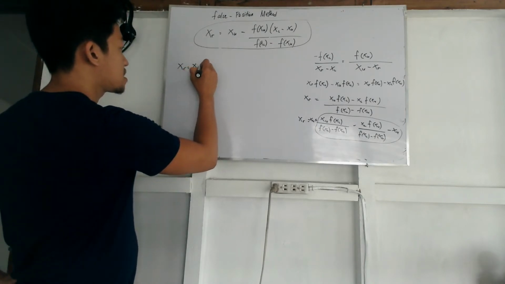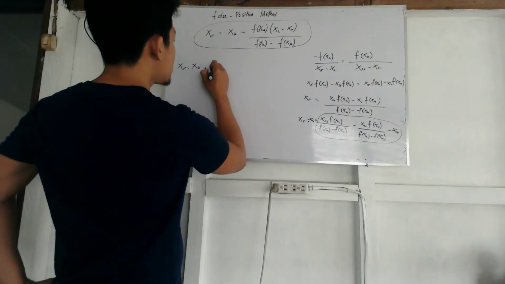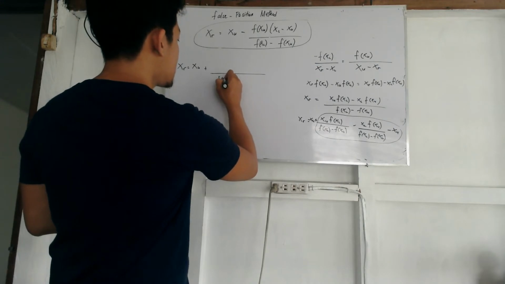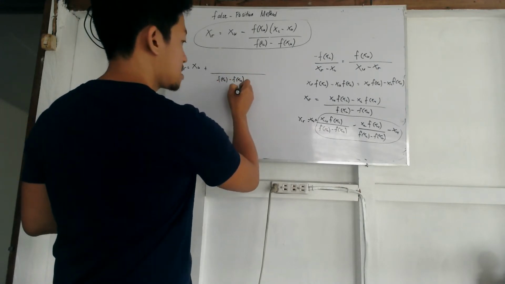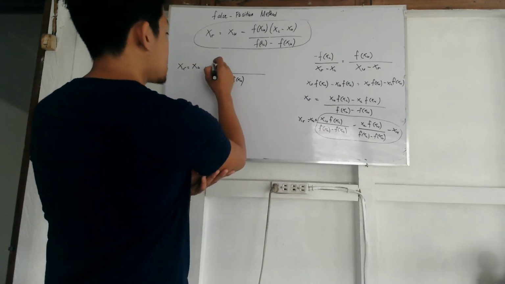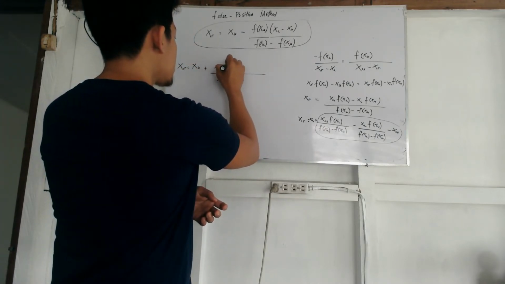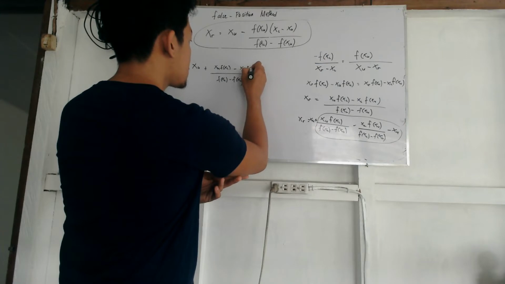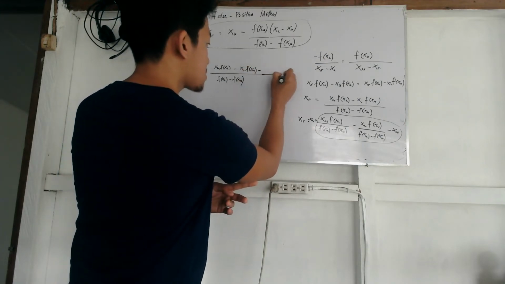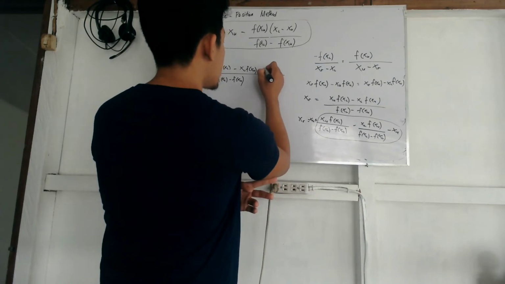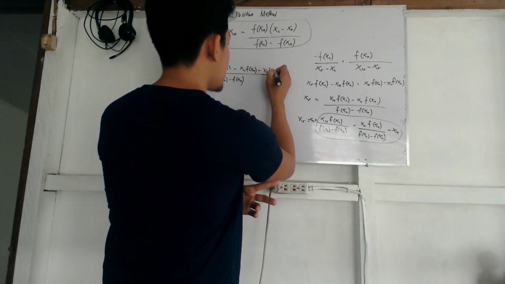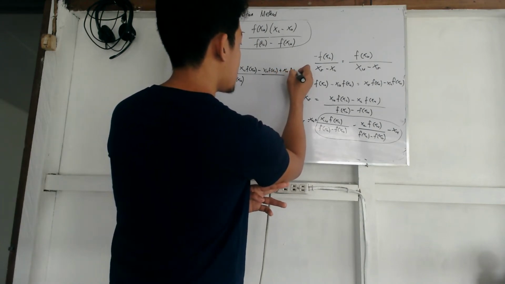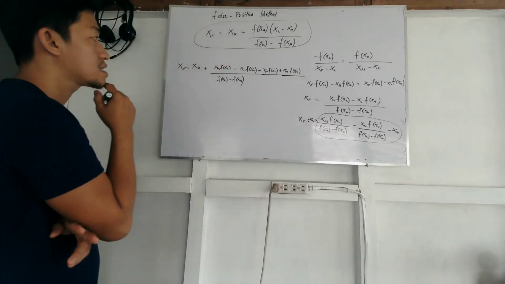Then minus XU f of XL plus XU f of XU. Okay?